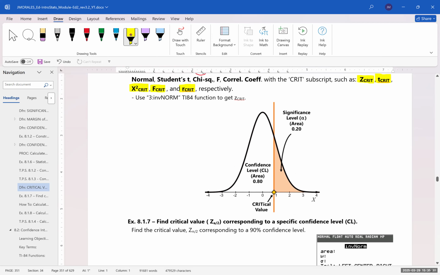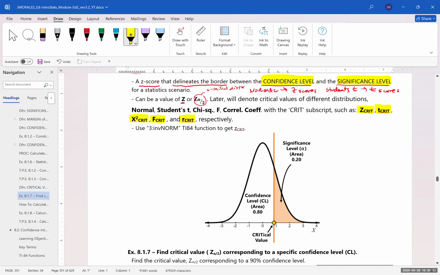All right, and what this picture is meant to represent is a typical normal distribution. Notice that we've got a confidence level, which is the area on this side, and that's separated by this border line.